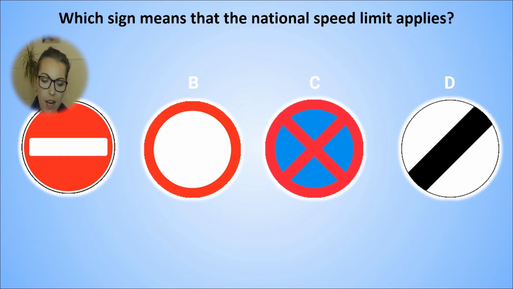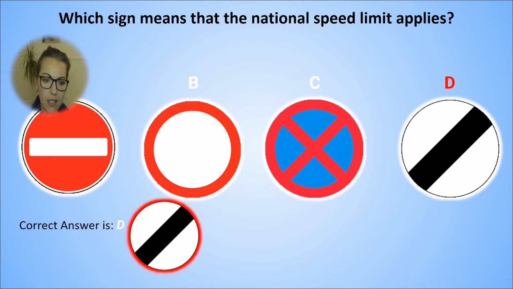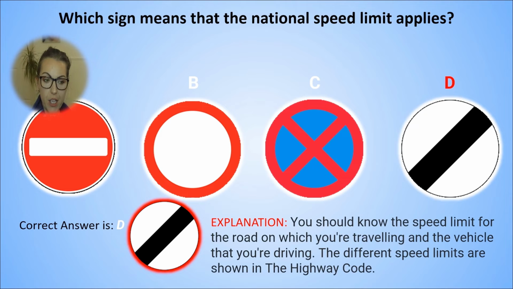Ready? The correct answer is D. Explanation. You should know the speed limit for the road on which you are traveling and the vehicle that you are driving. The different speed limits are shown in the highway code.